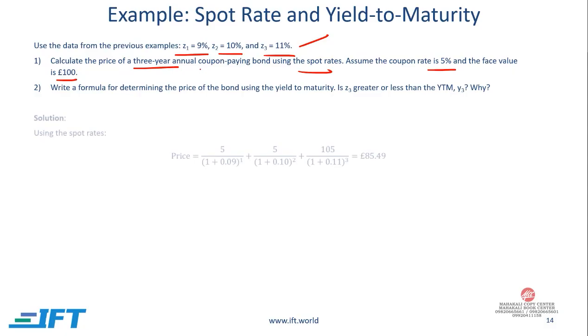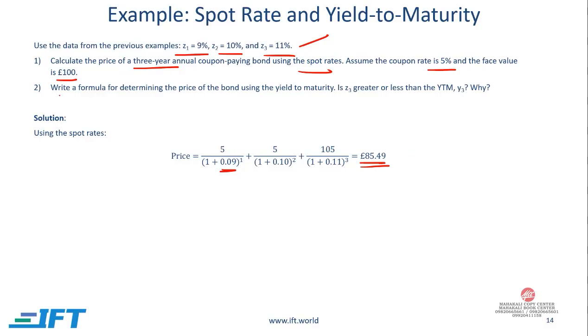So coupon payments are happening every year, and this is fairly straightforward. I'm sure you could do this too. We take each cash flow and discount at the relevant rate. So the first cash flow is discounted at Z1, second at Z2, third one at Z3, and this gives us a price of 85.49.